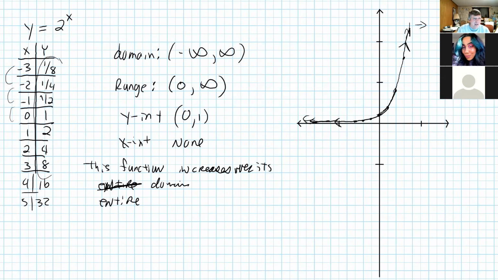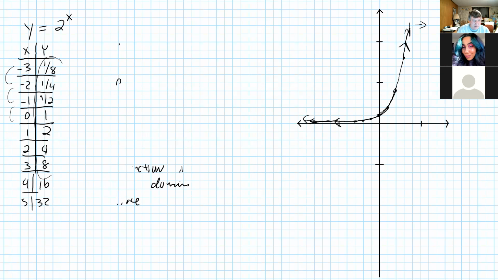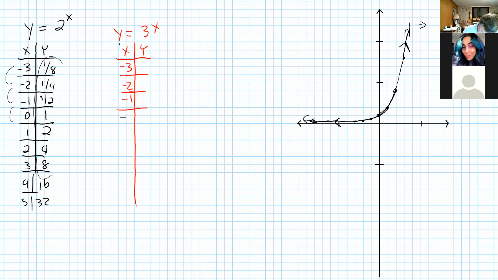All right, now what I want to do is take a look at the graph of y equals 3 to the x. So now we're going to change the base from a 2 to a 3. When x is -3, y equals 3 to the -3 power, which is 1 over 3 to the +3 power, which is 1/27.